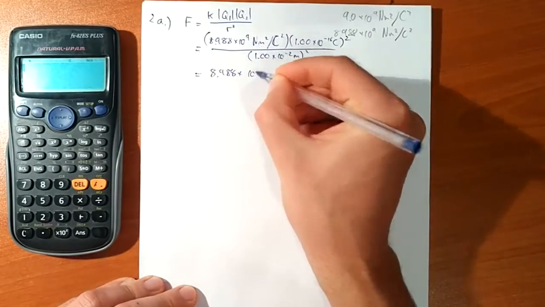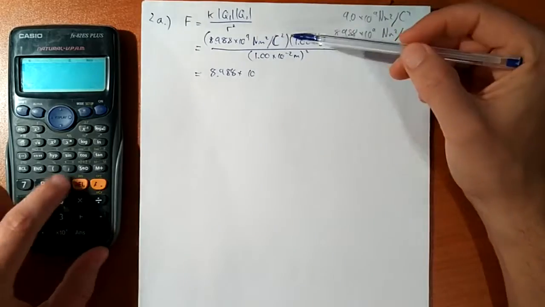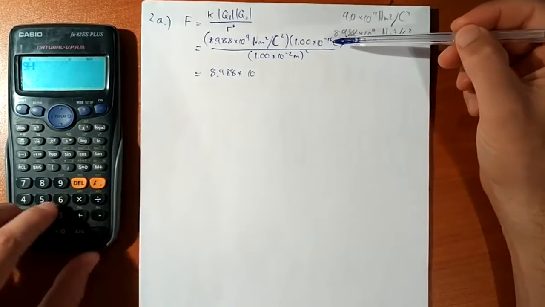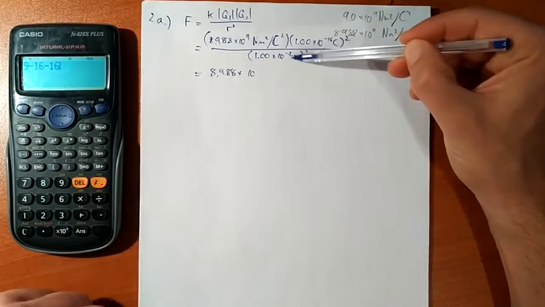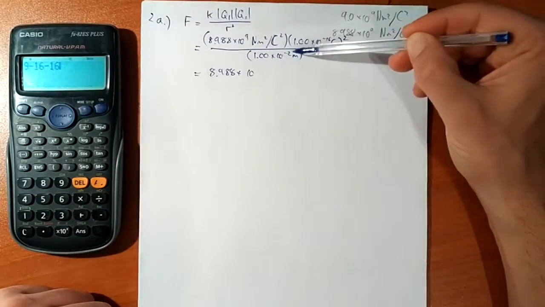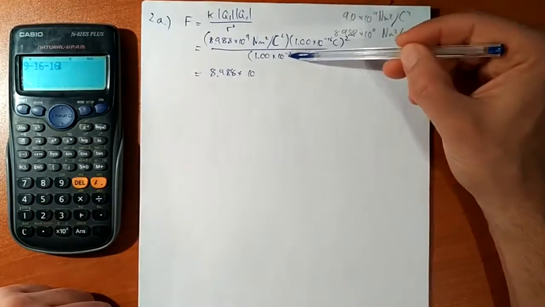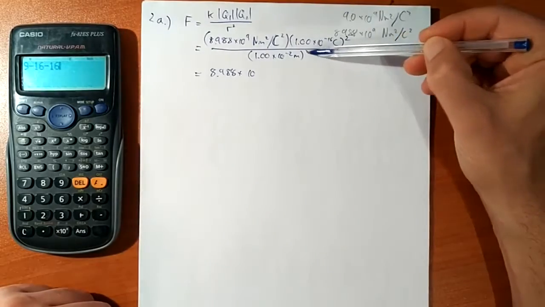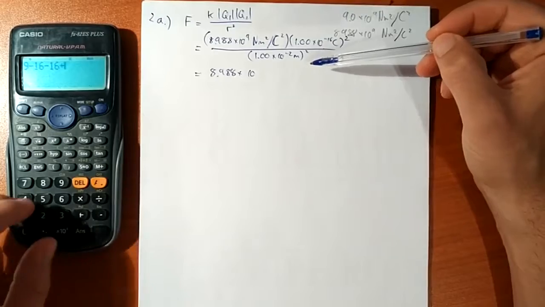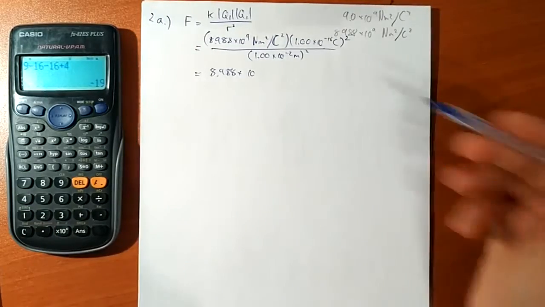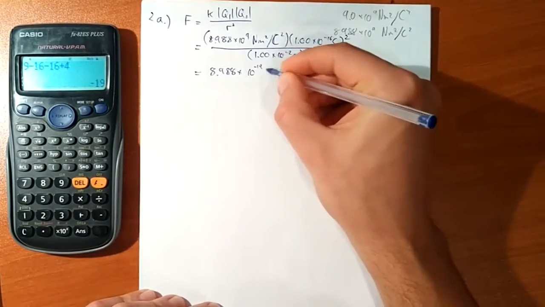And now times 10 to the what? I've got a 9 there. I've got 2 minus 16s there. And what 10 to the minus or plus what am I dividing by? I've got 10 to the minus 2 here. It gets squared, making it 10 to the minus 4. So I'm dividing by 10 to the minus 4, so that is plus 4. This is 10 to the minus 19.